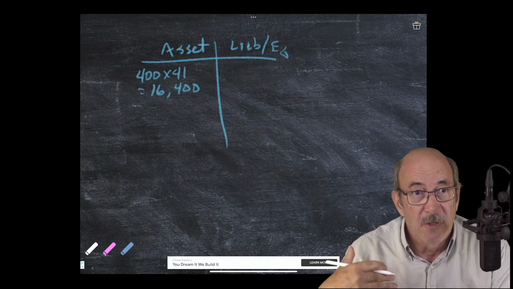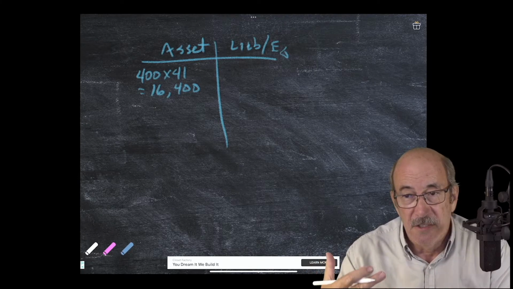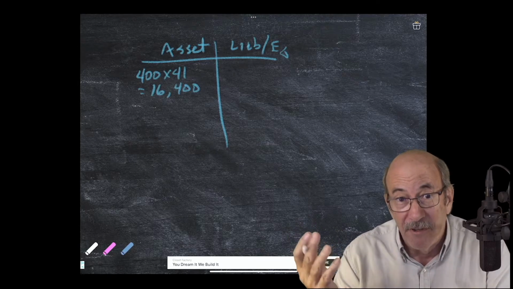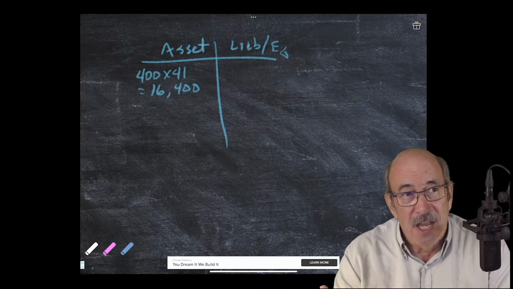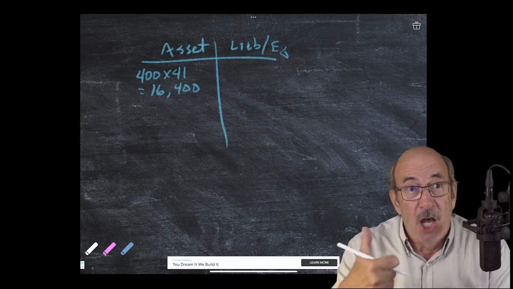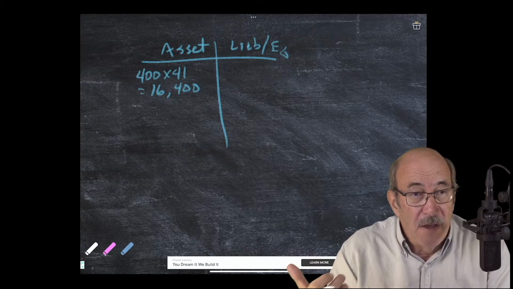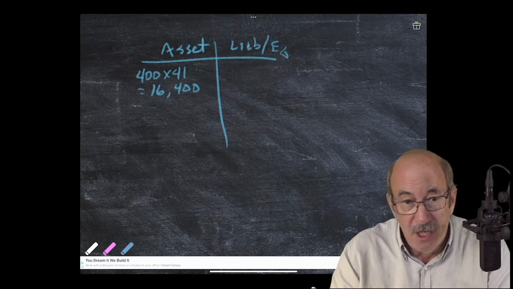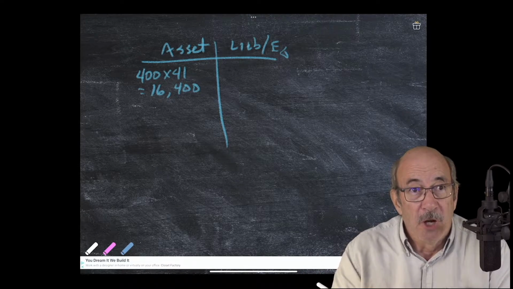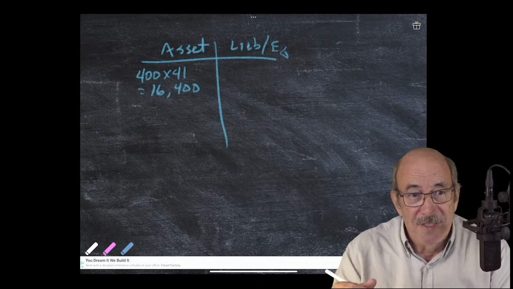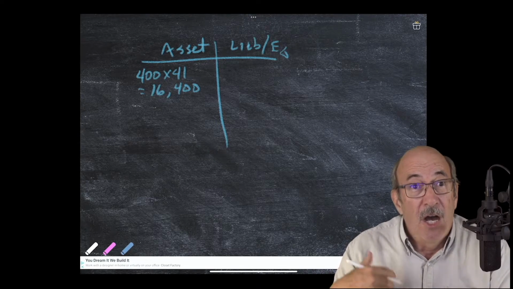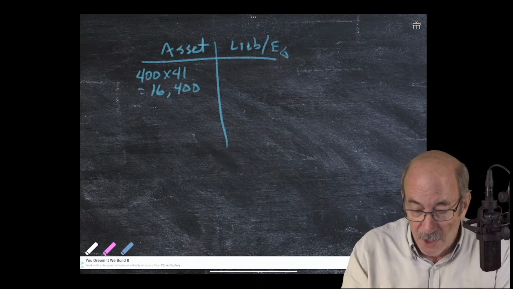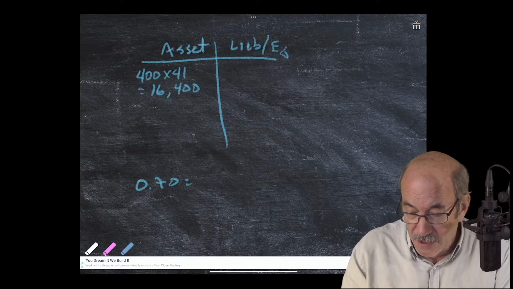And remember, the broker is going to require us to put money into this, even though it's generated money itself. We don't have anything at stake. So if the price goes up, the broker won't have any money sitting around to cover the position if need be. So we have to put in the initial margin. In this case, it's 0.7. It's 70% of the value of the position, right? So 70% of the value of the position, and the value of the position is 16,400.